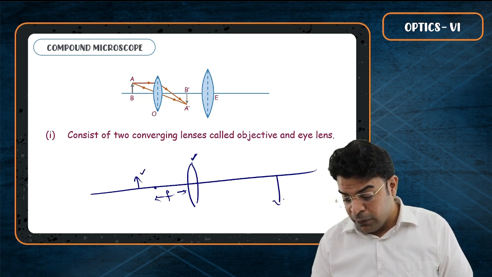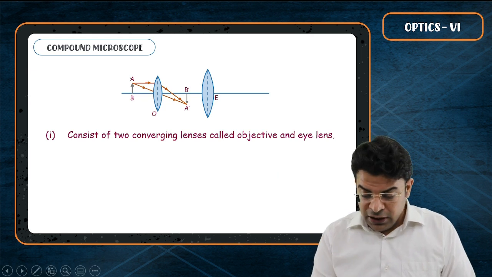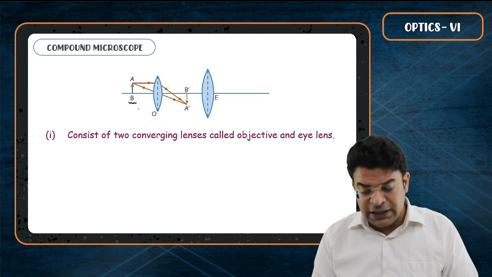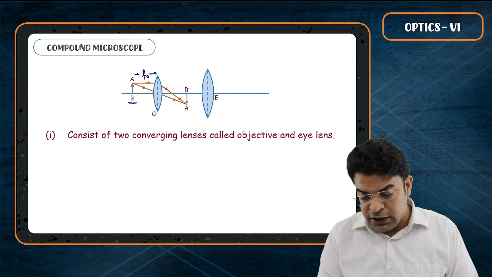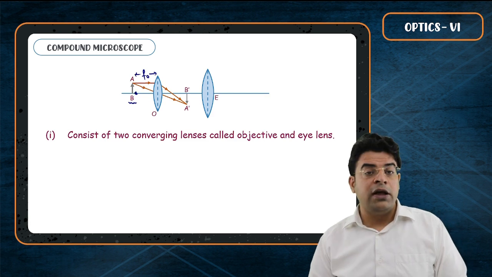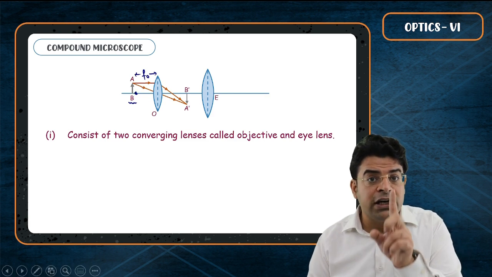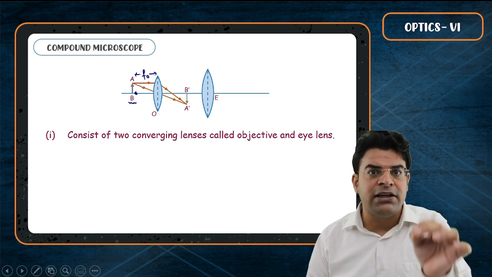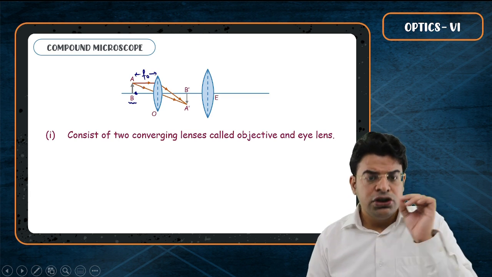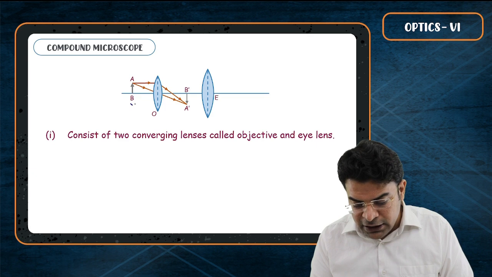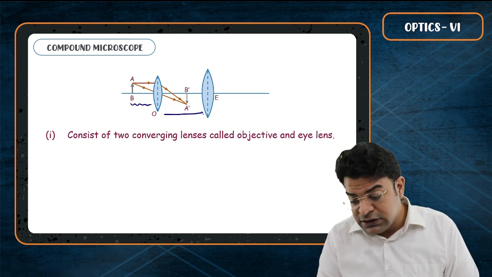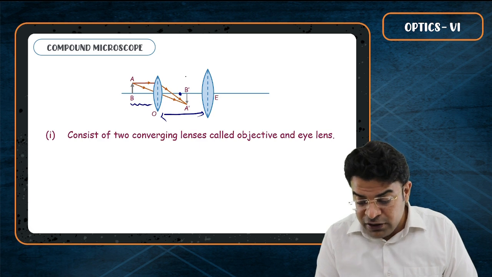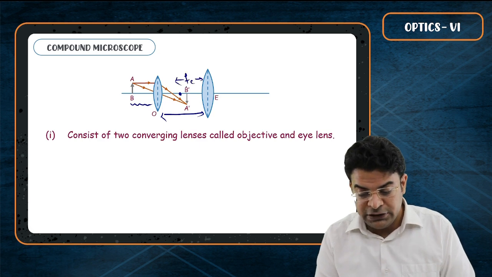So if asked whether this object AB should be placed at a distance greater than the focal length of the objective or less than it, the answer is that it must be placed at a distance greater than the focal length of the objective, so that the image formed by the objective is real, it lies on the other side, and it can lie within the focal length of the eyepiece.